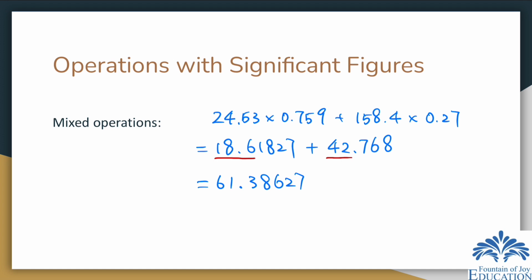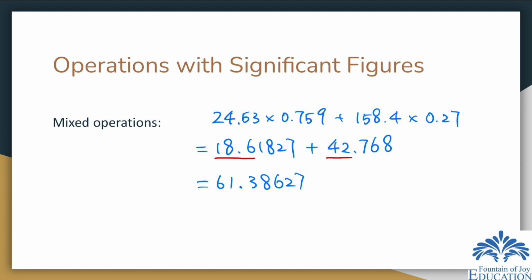And with that, we will apply the addition rule to figure out how many sig figs we have in our final answer. And in this case, 42 has the place value of the last significant figure in the unit place. And that is the highest.